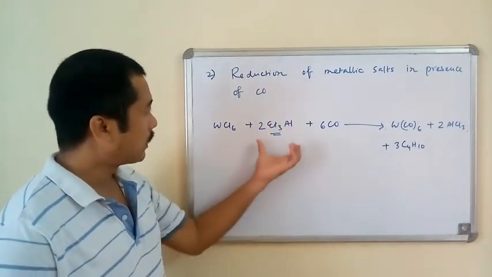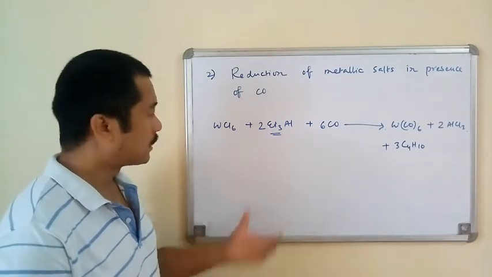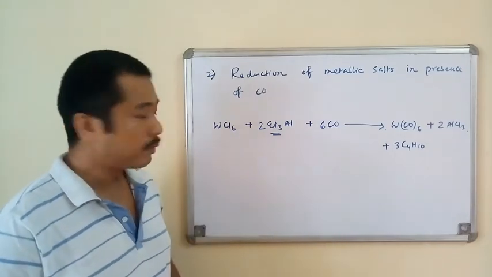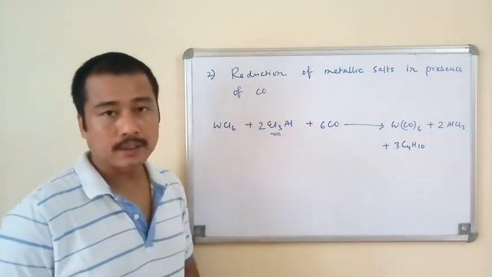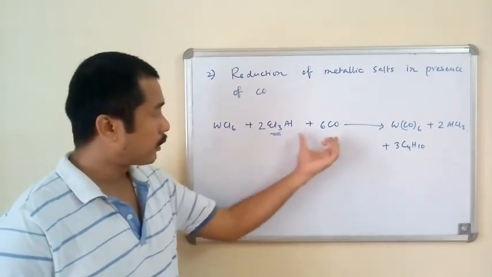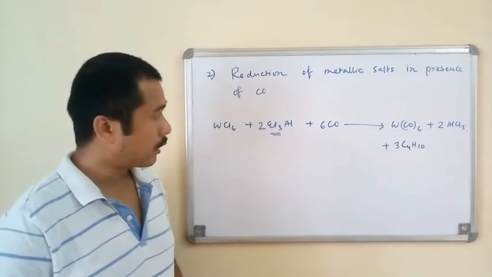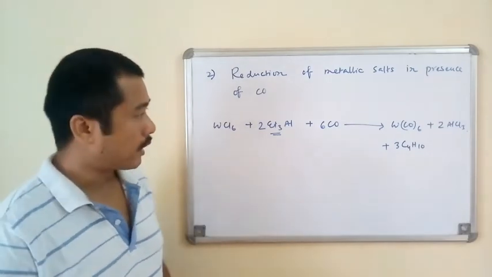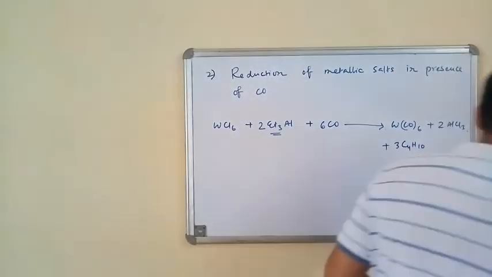So this is how we can use alkyl aluminiums as reducing agents to reduce metallic salts, and the low valent metal ions that are produced react with carbon monoxide to give metal carbonyl complexes.